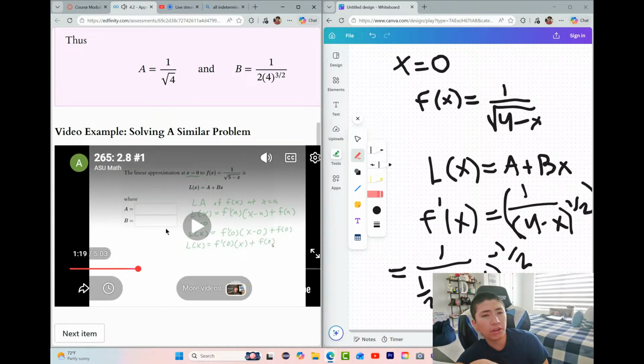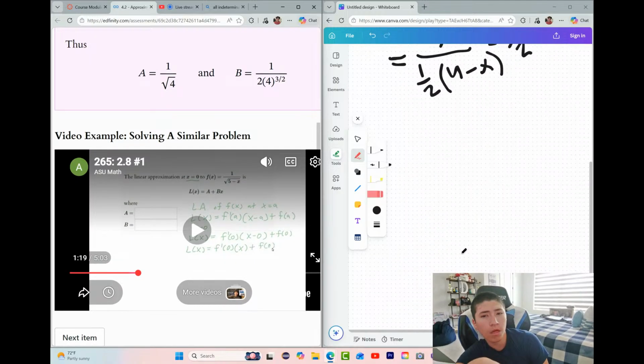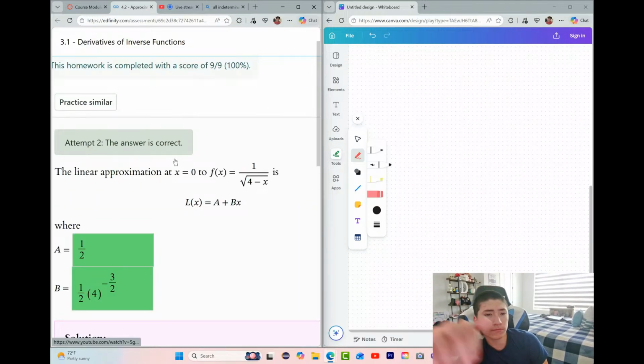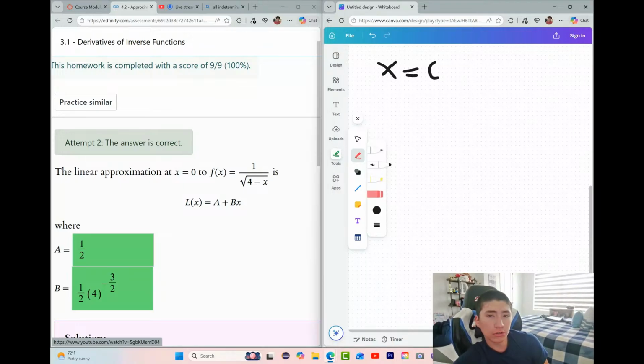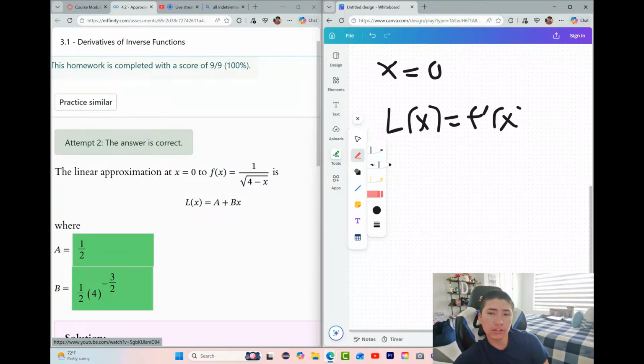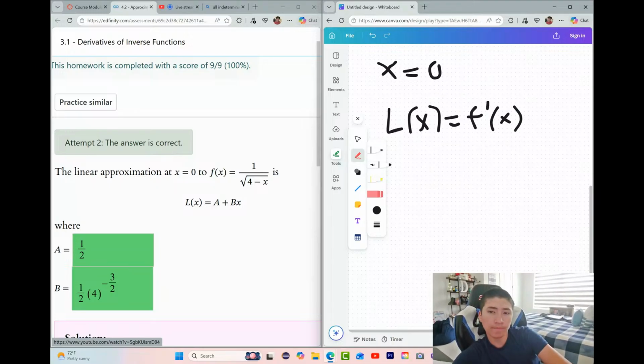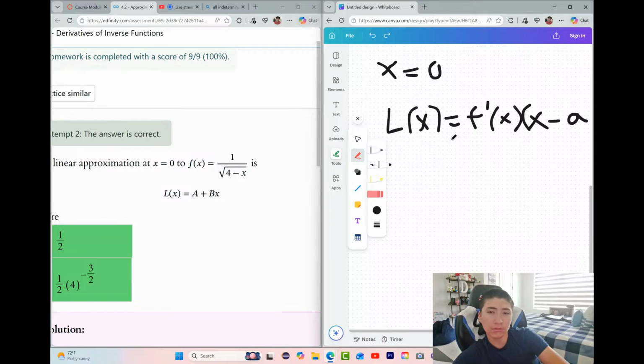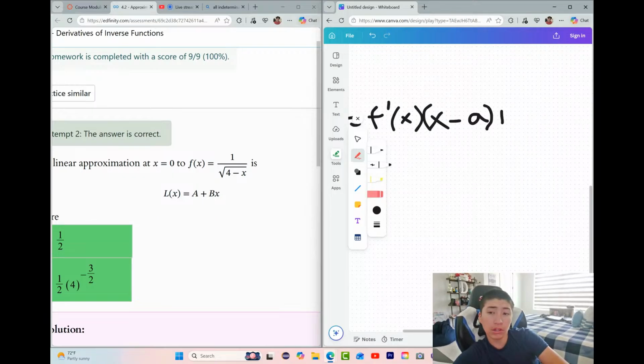Oh, well, if that's the case, then here x equals 0. So we know that L of x equals f prime of a times x minus a plus f of a.